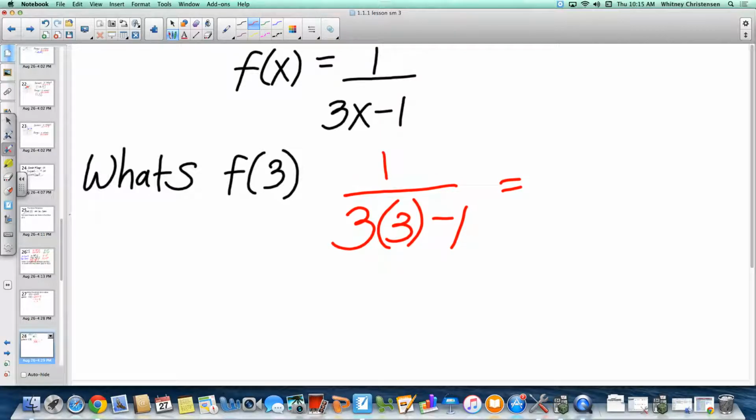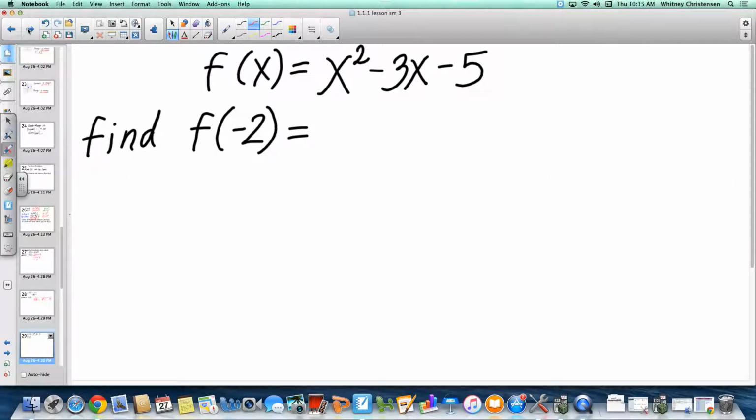If we simplify that, we're going to get 1 over... that's 9, right? 3 times 3. So 9 minus 1. So we have 1 over, what's 9 minus 1? 8. Okay, good.